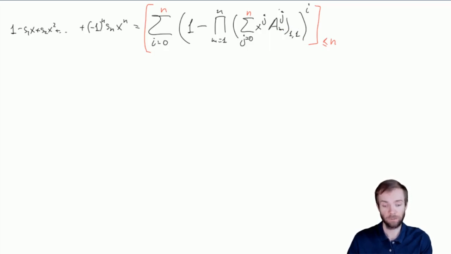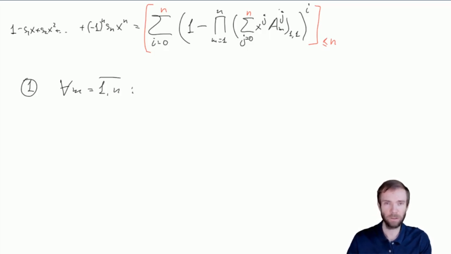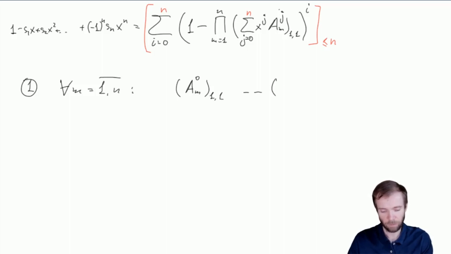So we can just first, for each of these matrices, take the element at position 1, 1. These are just numbers, or elements of a field. And then we can build a polynomial of x with these coefficients. So our first step would be computing, for every m from 1 to n, in parallel, the elements at position 1, 1 of all the matrices from A_m to the power of 0 through A_m to the power of n.